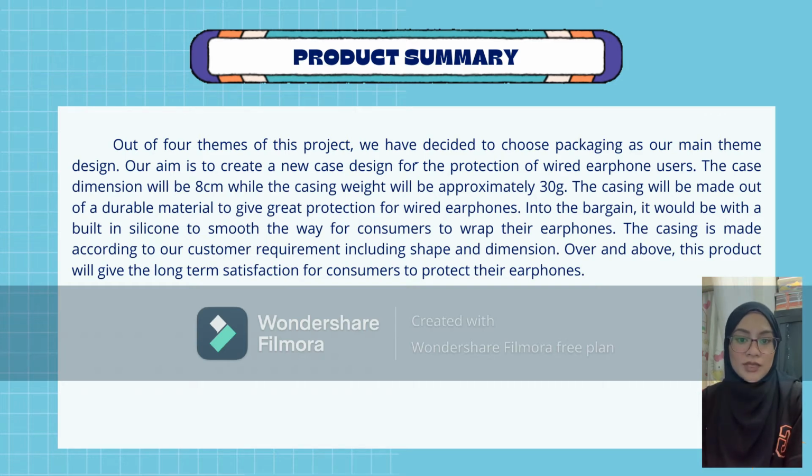It will be made out of durable material and built with built-in silicone to make it easier for consumers to wrap their earphones. The casing is made according to our customers' requirements, including shape and dimension. This product will give long-term satisfaction for consumers to protect their earphones.